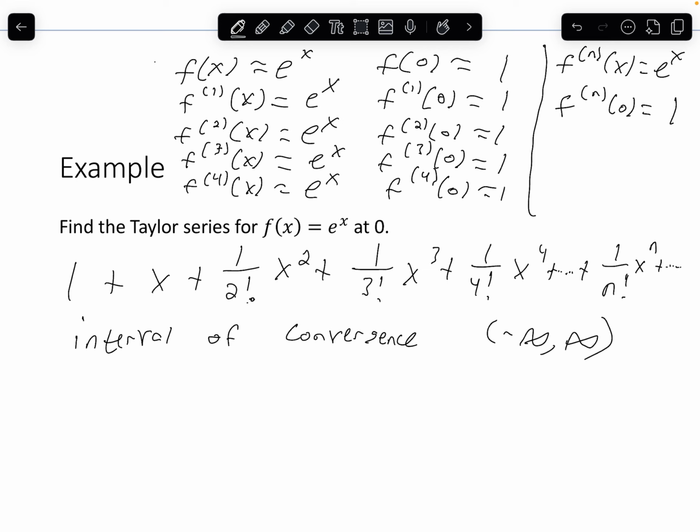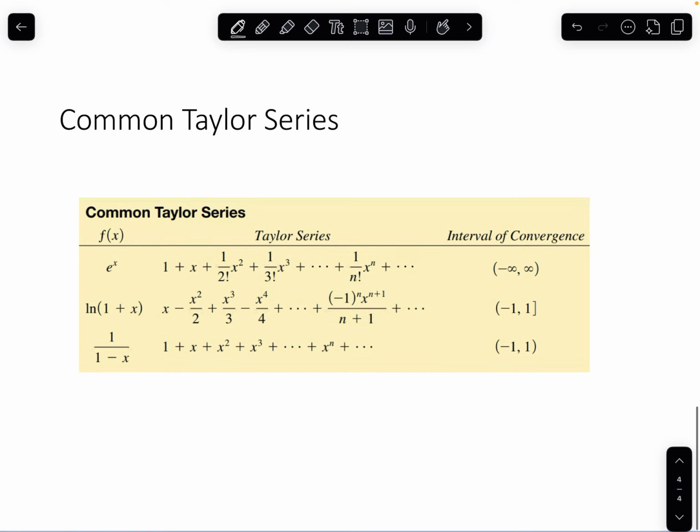So this is one of our basic Taylor polynomials that we could get for f of x is equal to e to the x. I have a few of those summed up here. We just did that top one, e to the x. If we did the natural log of 1 plus x, the Taylor series for this expanded out is x minus x squared over 2 plus x cubed over 3 minus x to the fourth over 4, and this keeps going down.